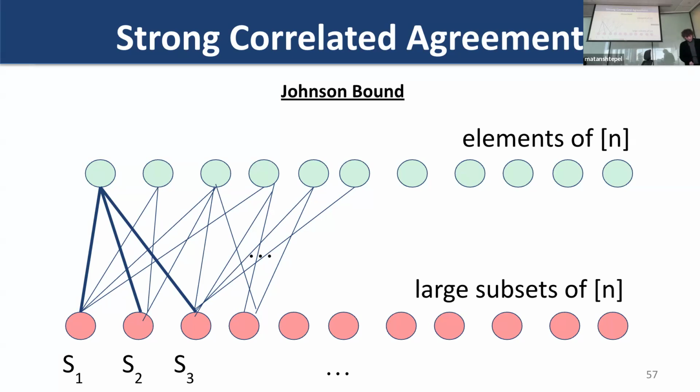So why do you not need strong correlated agreement for univariate? Oh, right. For univariate, it's simply because of the way it works over Reed-Solomon codes: they're univariate polynomials. So you can prove evaluation using a different trick with quotients.